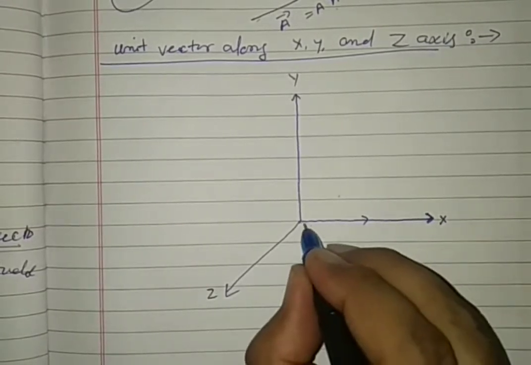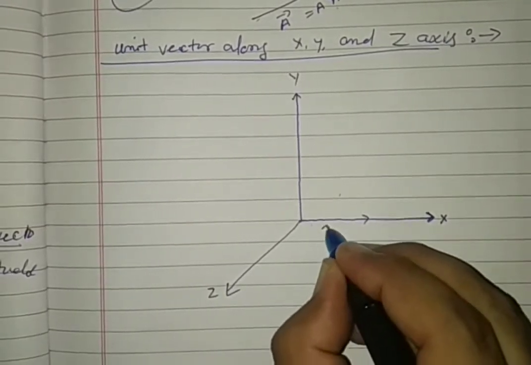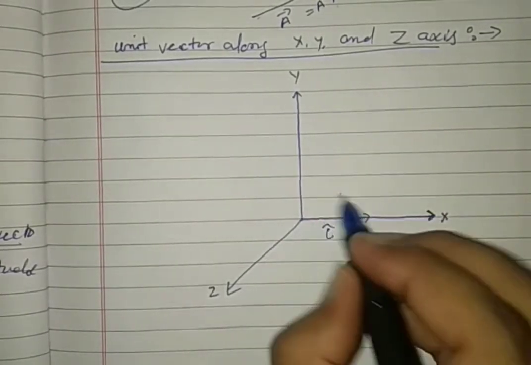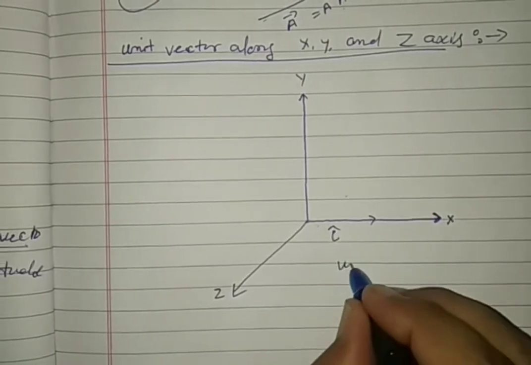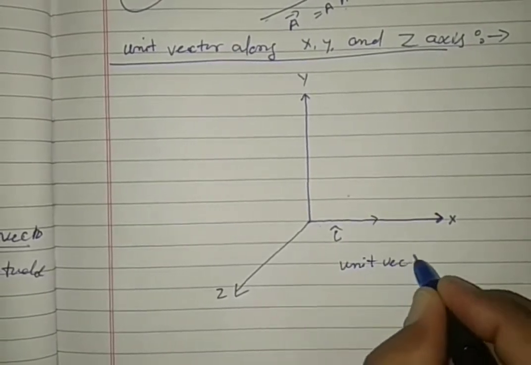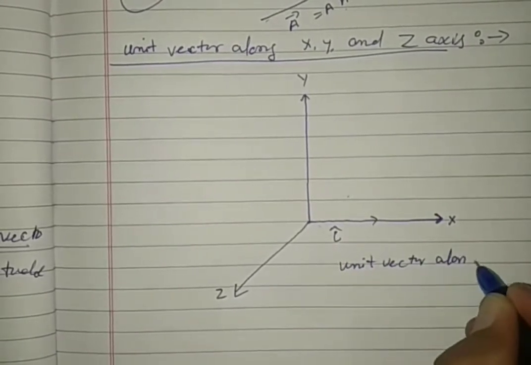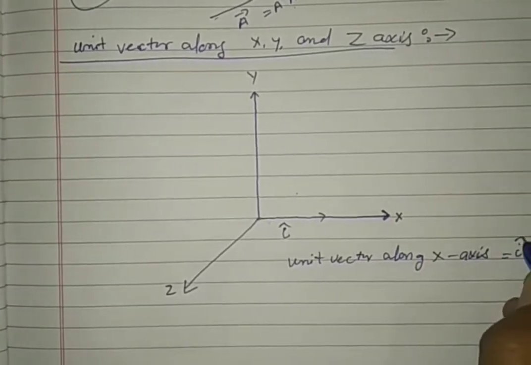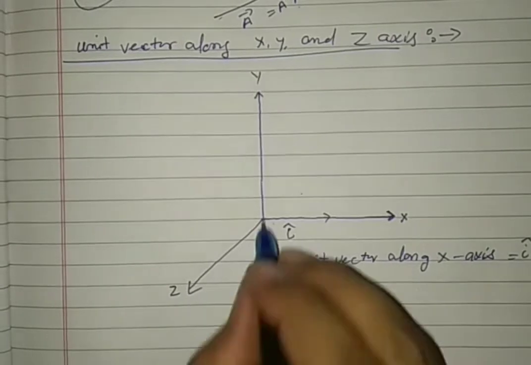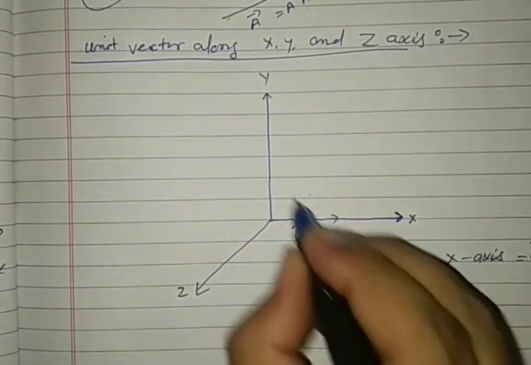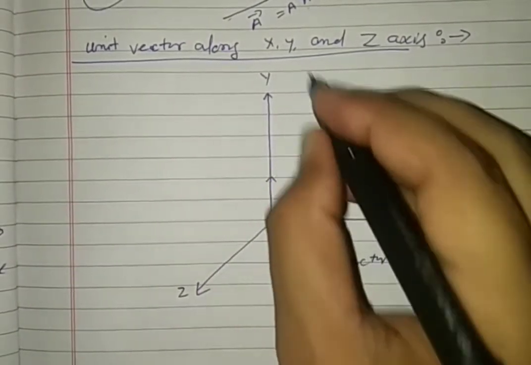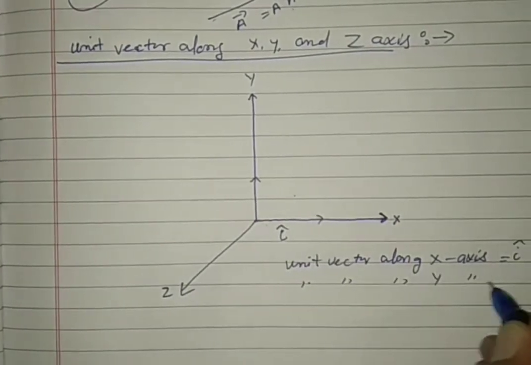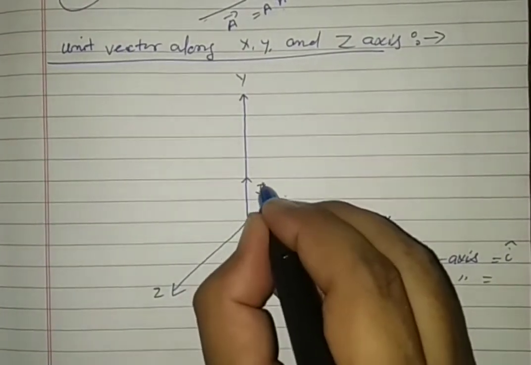If a unit vector is along the x-axis, then it is represented by I cap. Unit vector along the y-axis is represented by j cap.